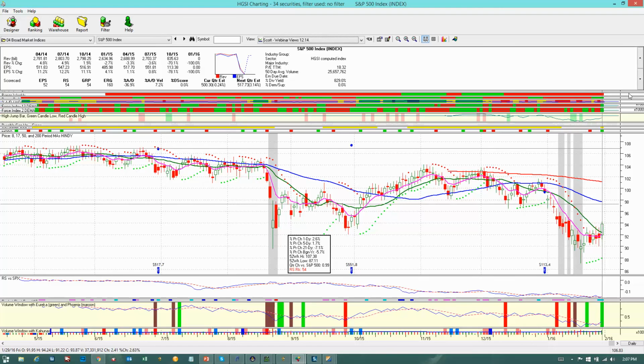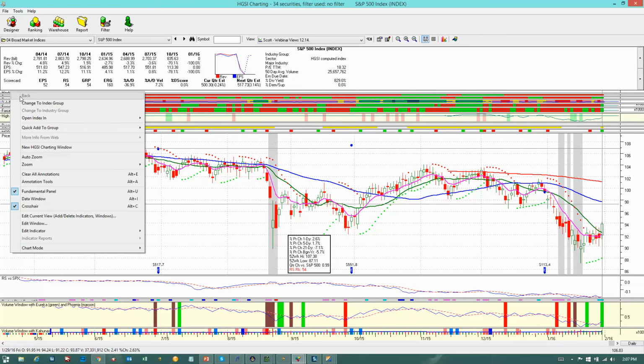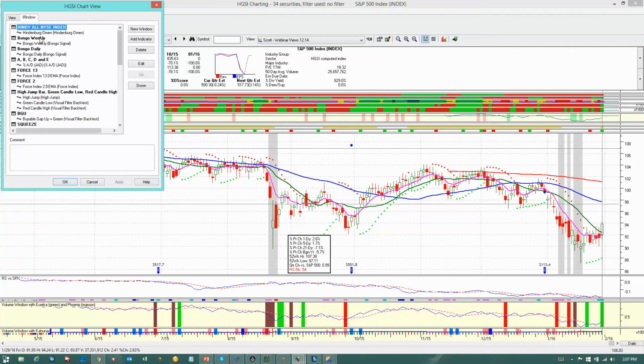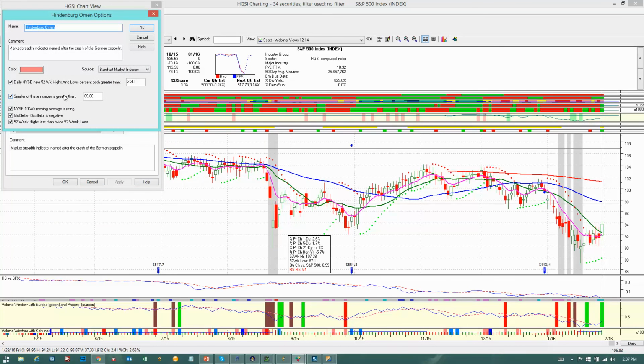Now, one of the problems I have with the Hindenburg is there's been a change in how the Hindenburg's been calculated. I've got one that's got both. Let's see which one this is. All right, this is using bar chart market indexes.